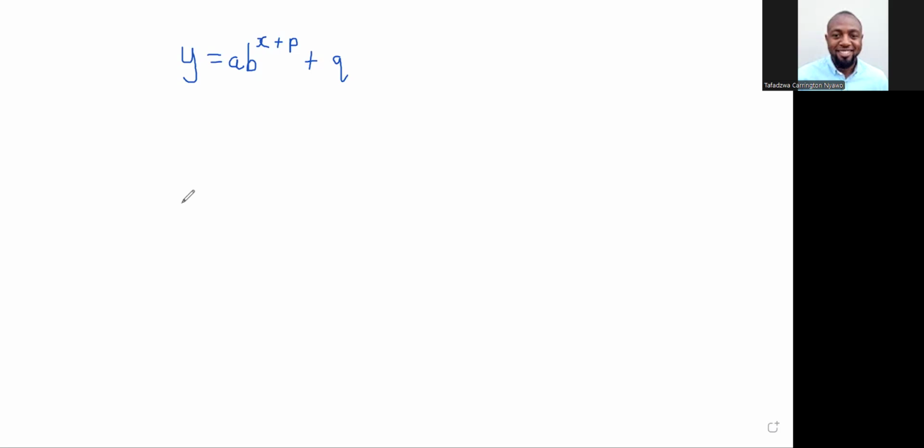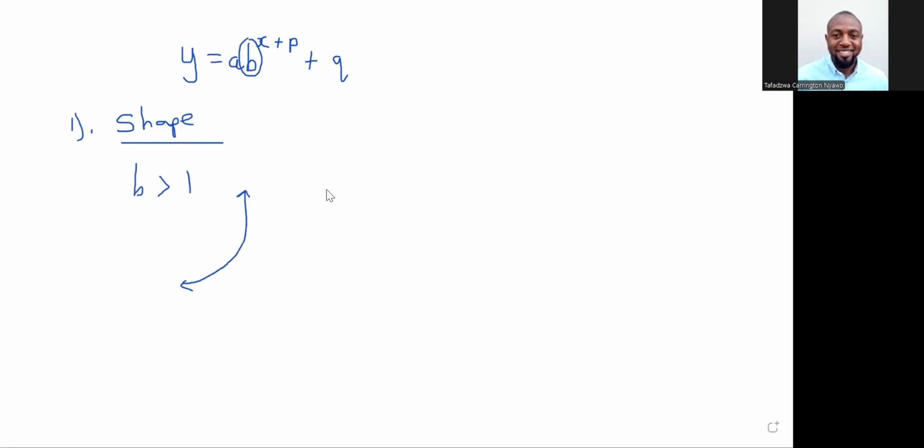When you're drawing the exponential graph, what should come into your mind first is the shape. To find the shape, we look at this b. If b is greater than 1, the shape is increasing, so the shape will look like this.